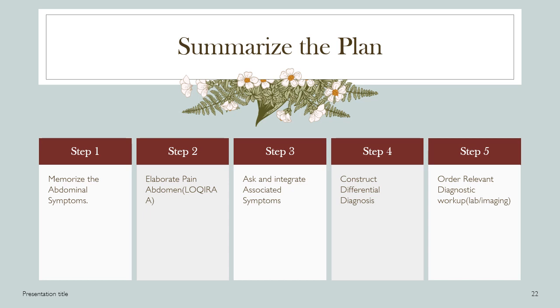Memorize these differentials, and then if you find any findings or symptoms in the history that lead toward some specific diagnosis, then investigate that diagnosis to confirm it. So this is the whole plan of how to proceed with a patient presenting with abdominal pain.